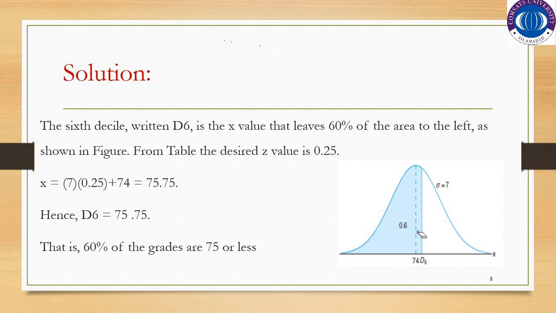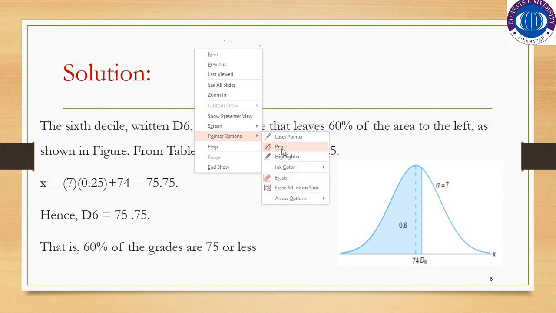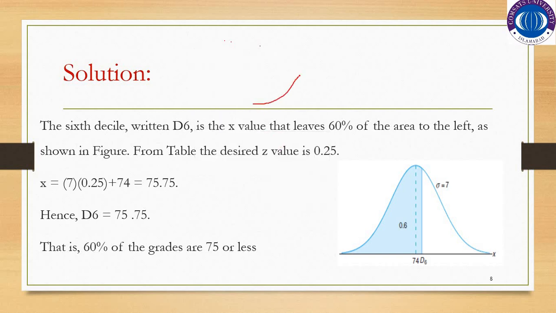You want to locate the point D6 below which is 60% of the total area. In the standard normal curve, the mean is 0 and this point is Z6, with 0.60 of the area below it.